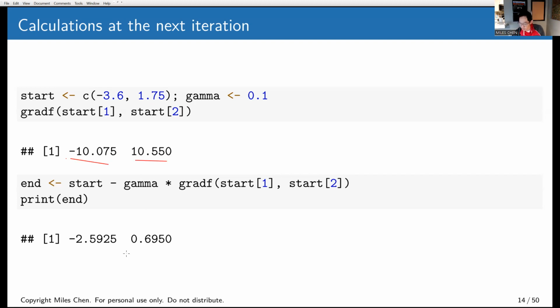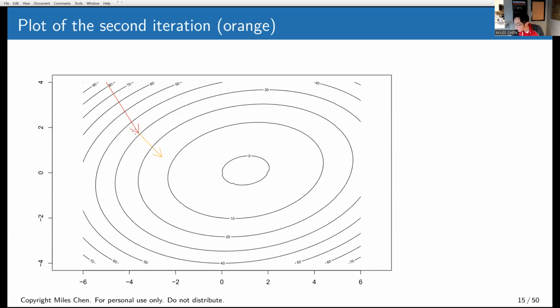So this is where I end up after 2 iterations. After the second iteration, I end up over here. There's my second iteration, and I just keep doing this over and over again.